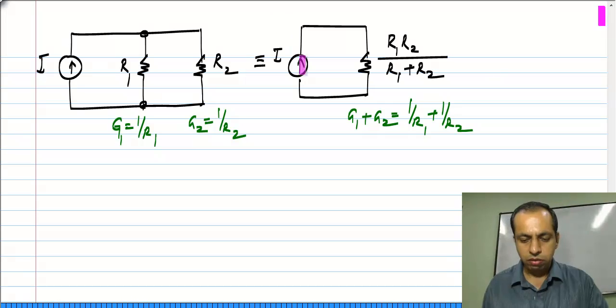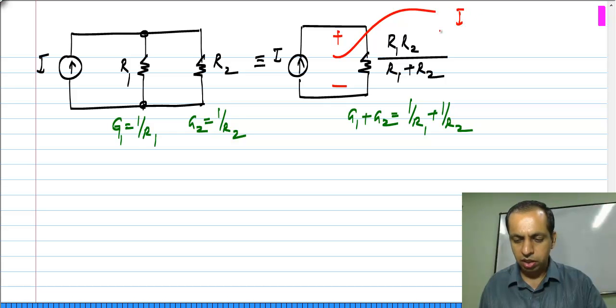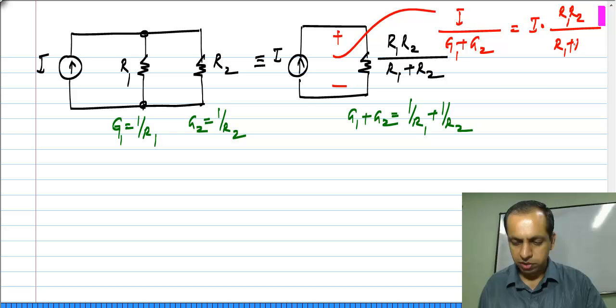If we apply a current I, then the voltage that appears across this is simply this I times the resistance value, or this I divided by the conductance value. So, this voltage is I divided by G1 plus G2, which is of course the same as I times R1 R2 by R1 plus R2.